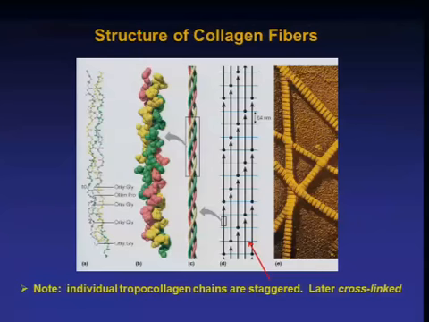So then what happens? Like we saw for the other fibrous proteins, we get higher order packing. So in this case, we have the 3 strands coming together, and here is a model of that.